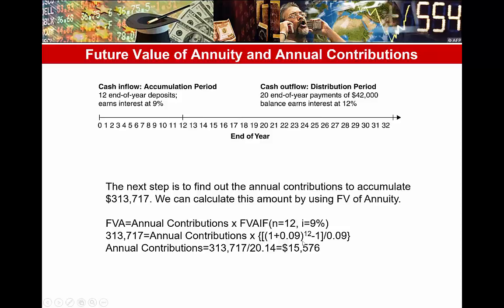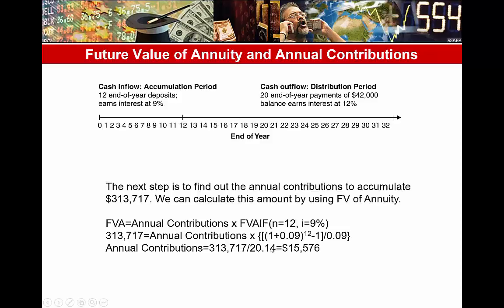The future value of annuity formula is (1 plus interest rate)^n minus 1, divided by interest rate. In this case, n is 12 and the interest rate is 9%. So that factor is 20.14.